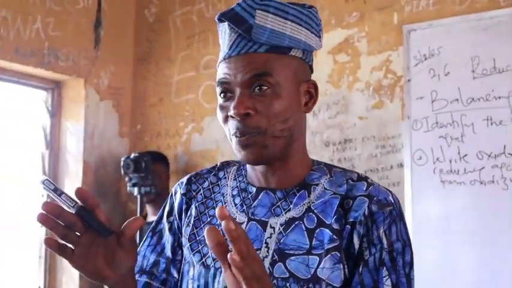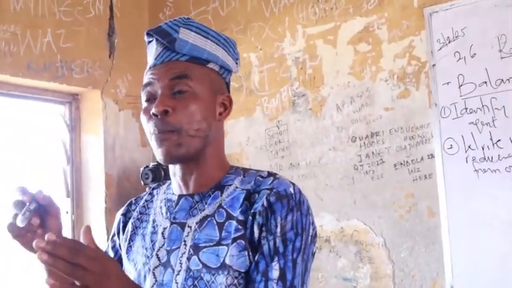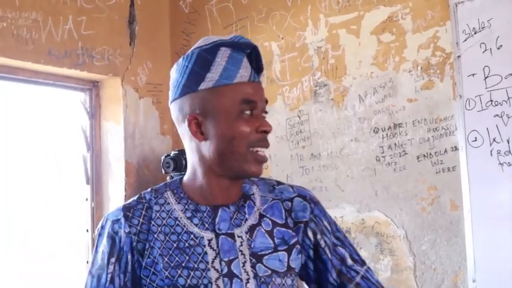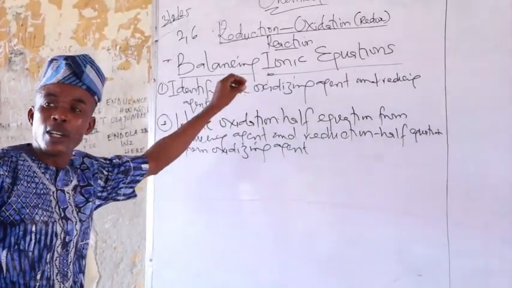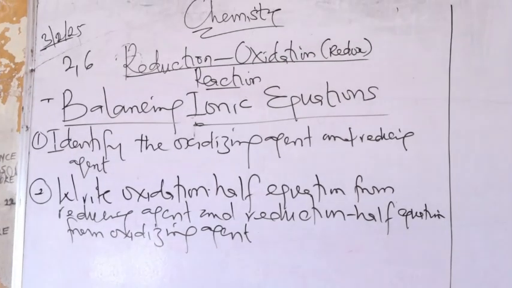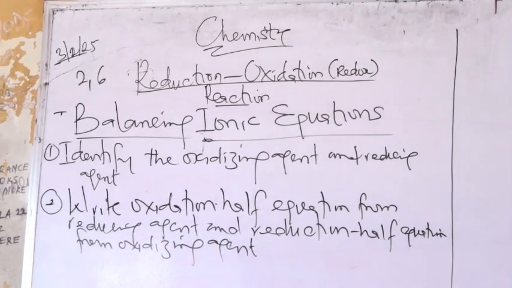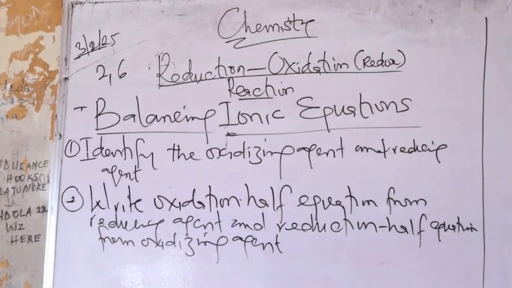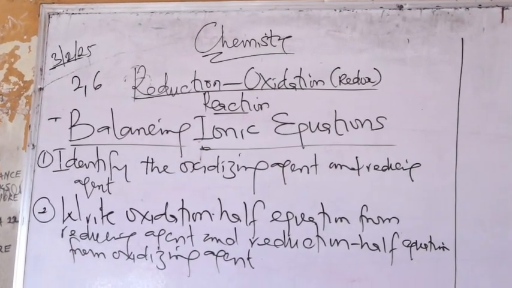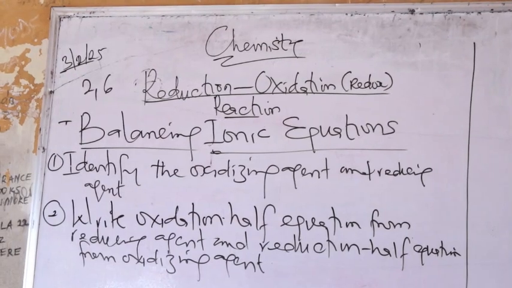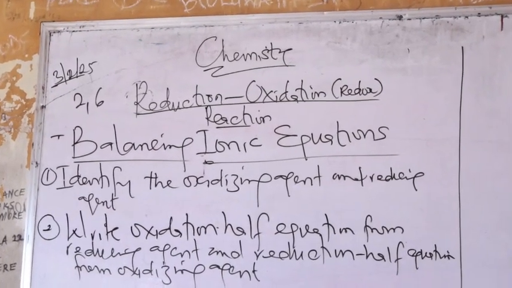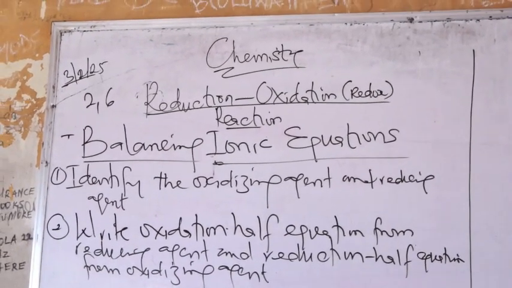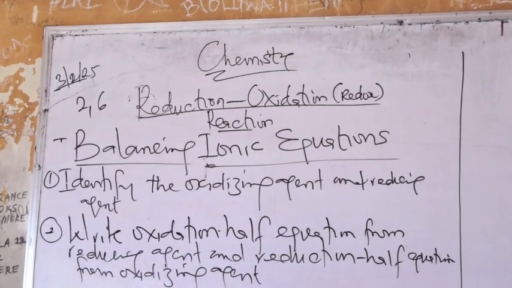When you say a process is for oxidation, the substance that is performing it is the agent. A substance that loses electron is called what? Reducing agent. The process of losing that electron is what? Oxidation. The substance that is losing electron is what?